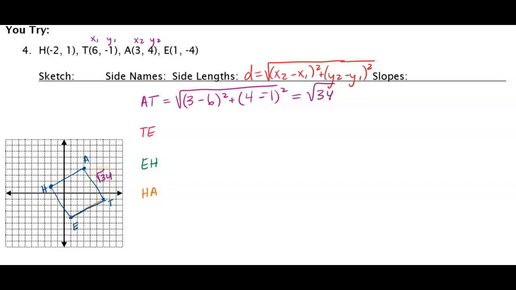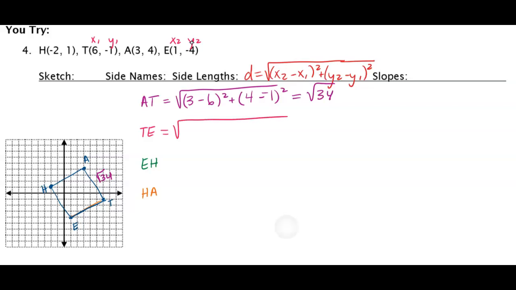All right, now let's take a look at TE. So I'm going to erase the labels that I had before because those we used for AT. Okay, so T and E, I'm going to label x1, y1, x2, y2.